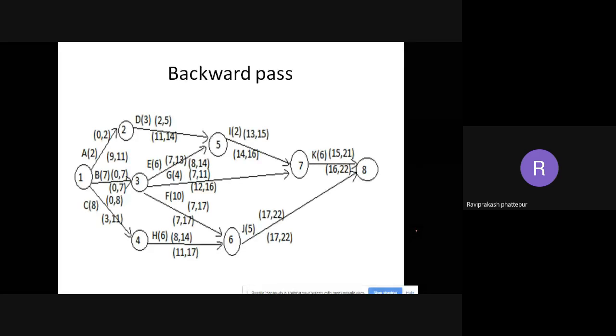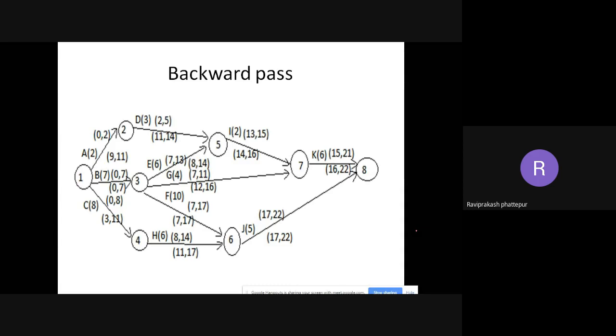So now focus. Just identify and tell me from which node to which node, or what activities, are having the same forward pass and backward pass. I told you, starting at node 7 and node 6, node 7 or K has forward passes 15 and 21 and backward passes 16 and 22. These are different.